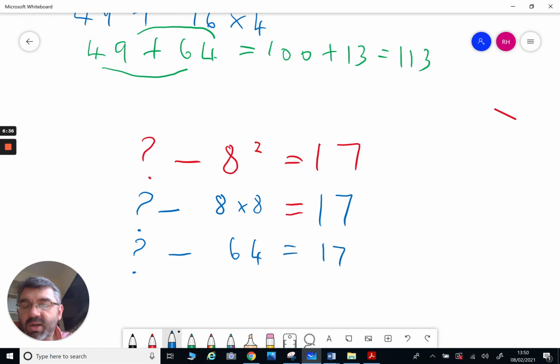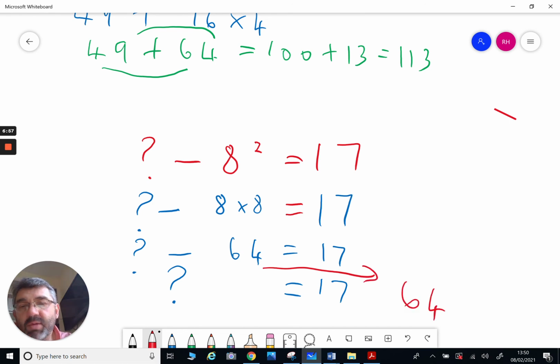Now, if you remember when we did some algebra before half term, before Christmas, we learned some rules. To get a missing number on its own, we have to take other numbers across an equal sign. So we've got a minus 64 here, so we want it over here. So we want 64 here.